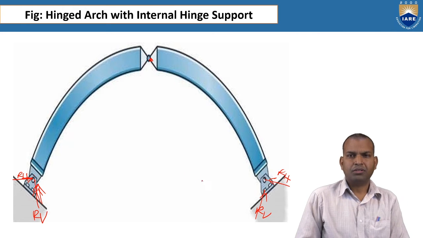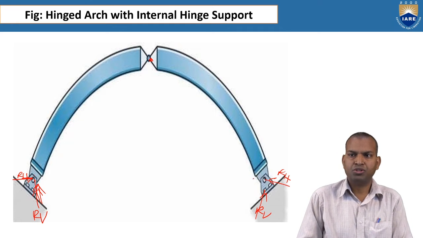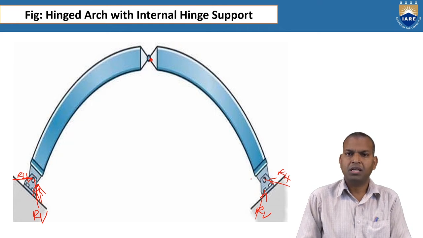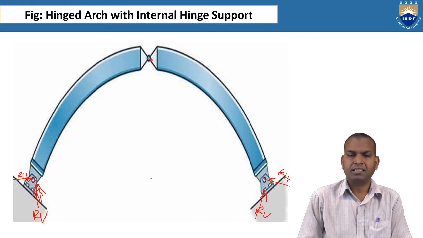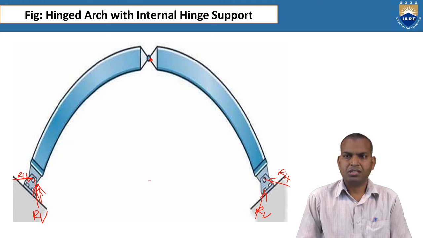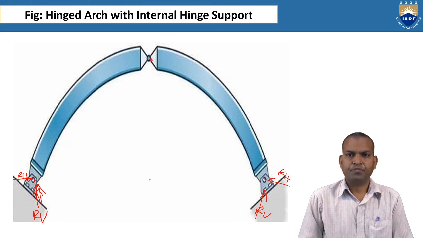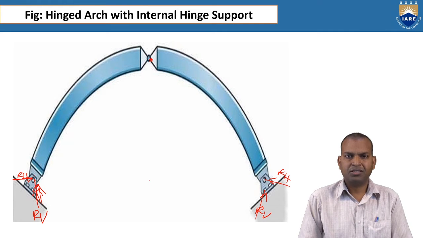You may have a doubt: what is the direction of the horizontal reaction, whether it is towards the hinge support or away from it? It doesn't matter. Suppose we assume it is acting towards and do the calculations. If it comes to a positive value, then our assumed direction is the right one. If the answer is negative, then our assumed direction is opposite.